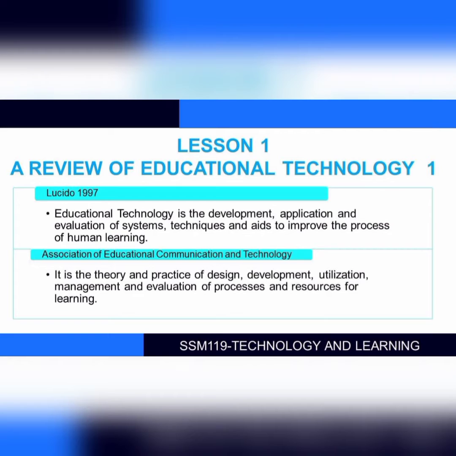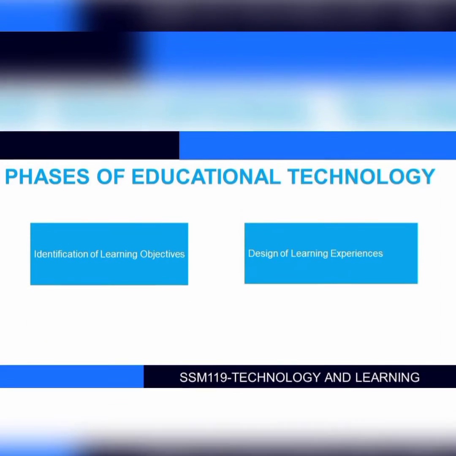And according to the Association of Educational Communication and Technology, educational technology is the theory and practice of design, development, utilization, management, and evaluation of processes and resources for learning. All of these definitions emphasize the use of instructional media as a part of the complex process of teaching and learning, and stress its ultimate goal of improving any teaching-learning situation.